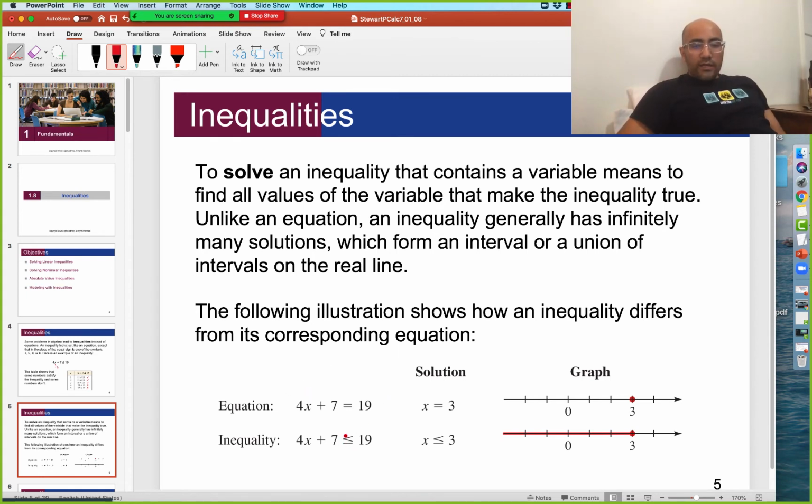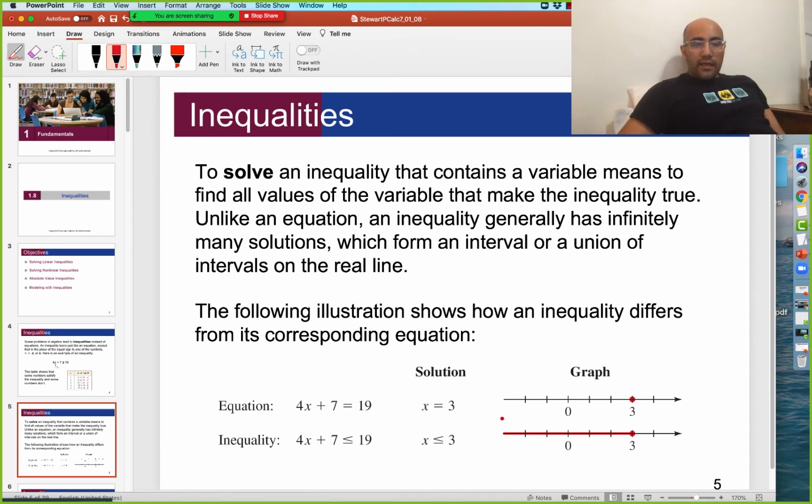When we have the inequality, we do the same thing, subtract 7, divide by 4, and we arrive at the statement that x must be less than or equal to 3. And so this graph right here describes all possible answers, right? The x can be replaced by any value in this segment of the number line, and we always get a true statement.